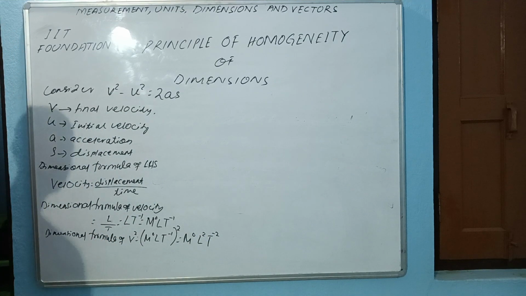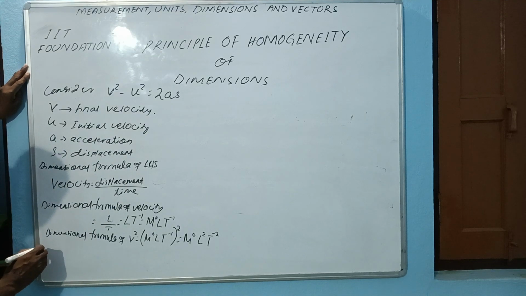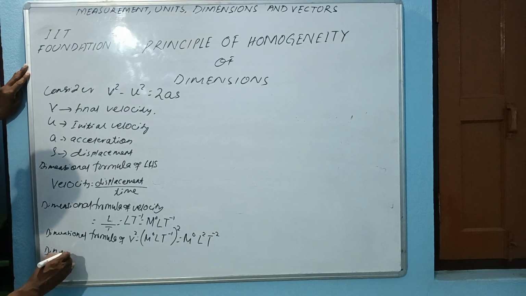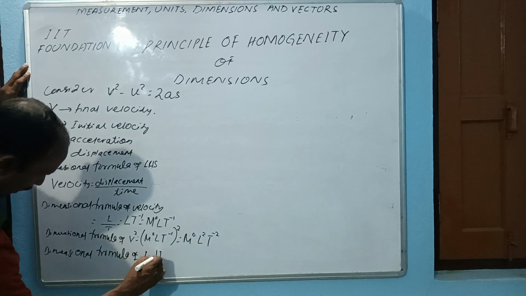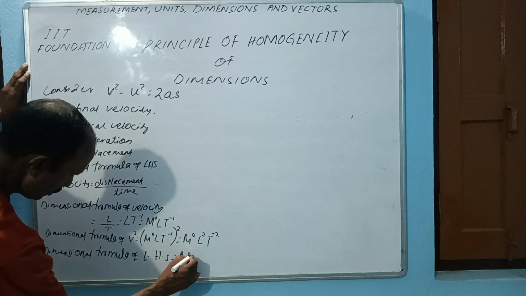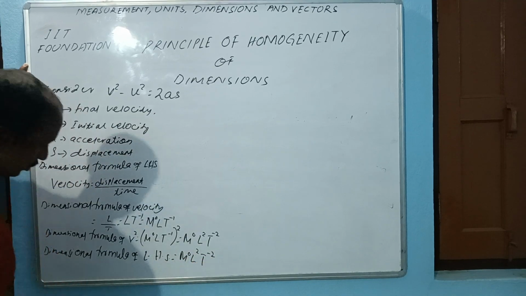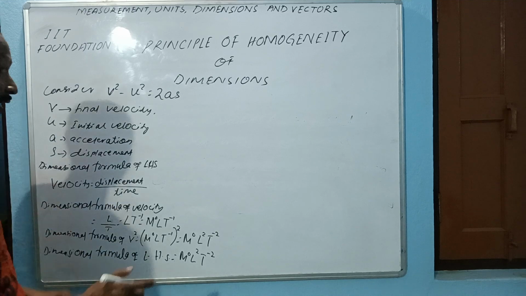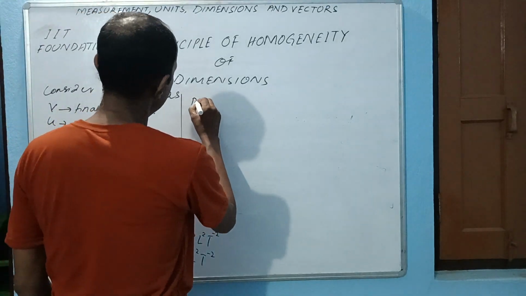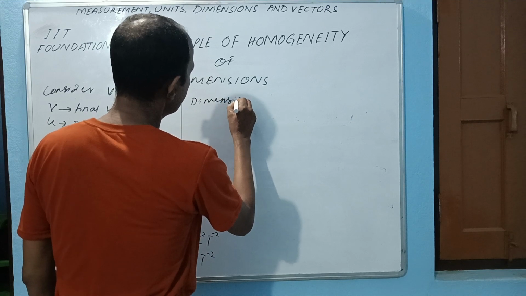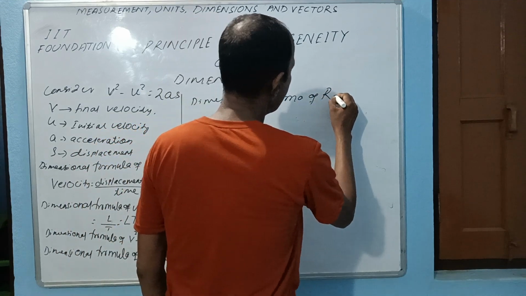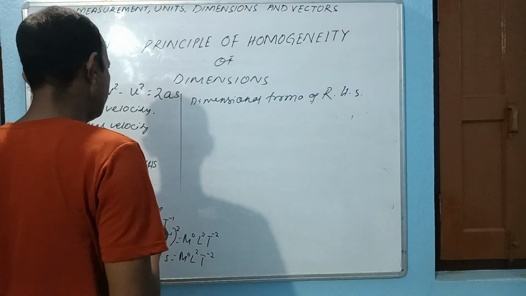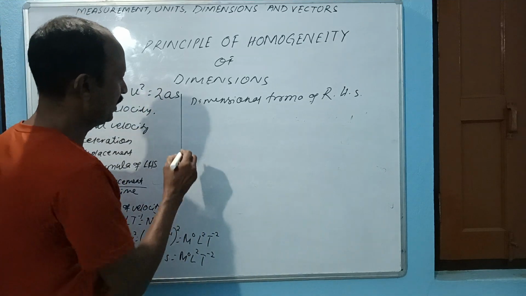So the dimensional formula of the left hand side is equal to M to the power 0 L to the power 2 t to the power minus 2. Clear? What about the RHS? You see that the dimensional formula of RHS. Right hand side, what is given? 2as, acceleration.